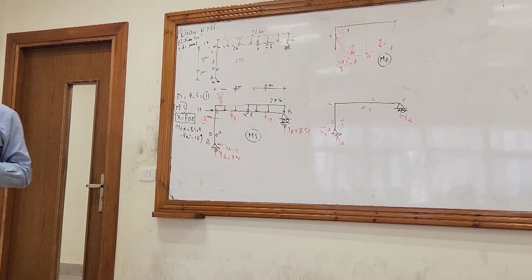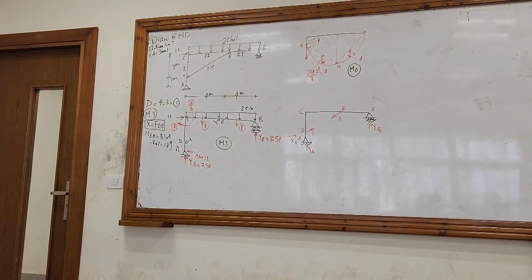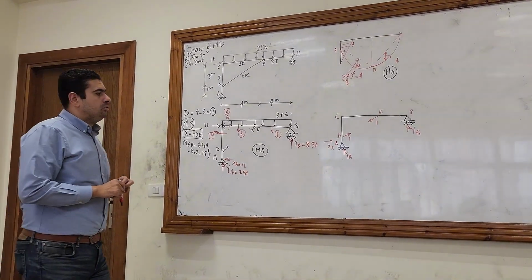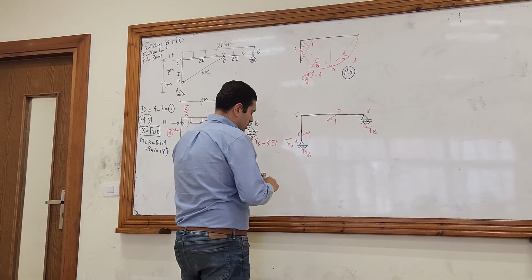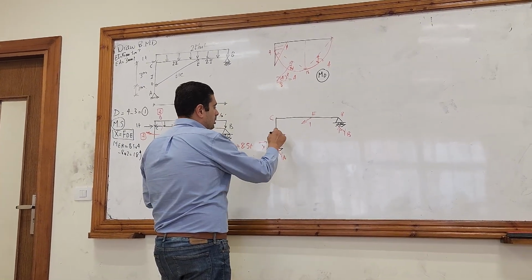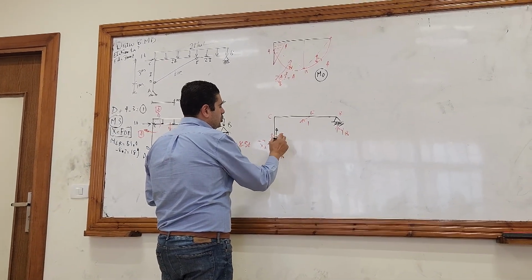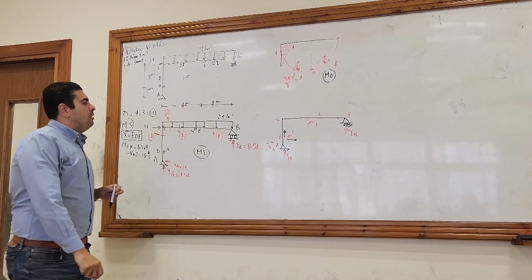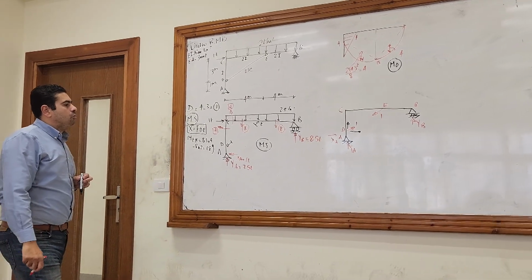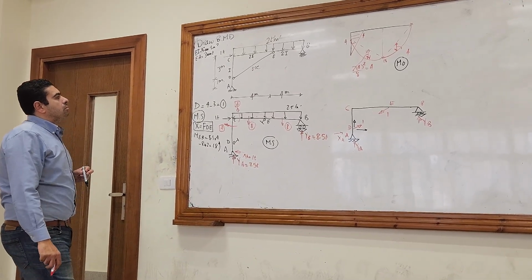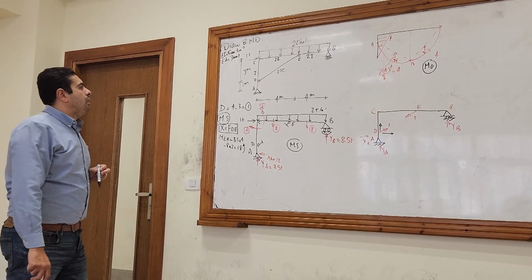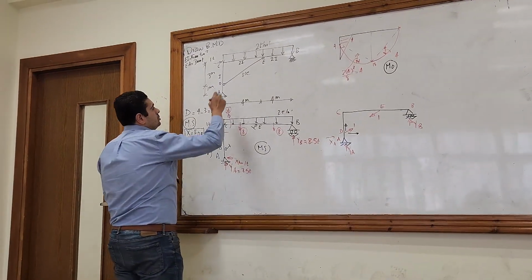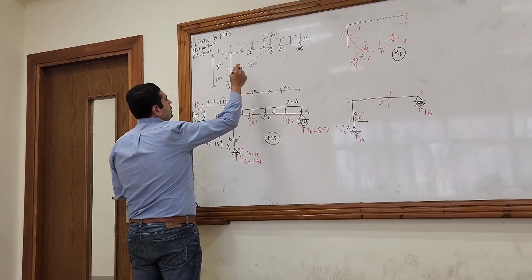So I have first to make a resolution for the force which is 1 ton, in this direction and in that direction. Where is the angle? I have here, this is 4 and this is 3. So this is the angle theta.